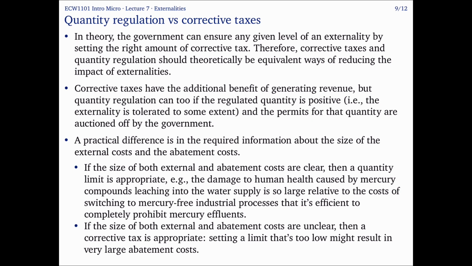Then they should go for quantity regulation. They should say, hey, this is the amount of this negative externality that you're allowed to generate, and that's it. This is okay because you know both sides. You know the damage, the benefit to imposing the limit, and the cost to imposing the limit. You know both, and you can set the right quantity.